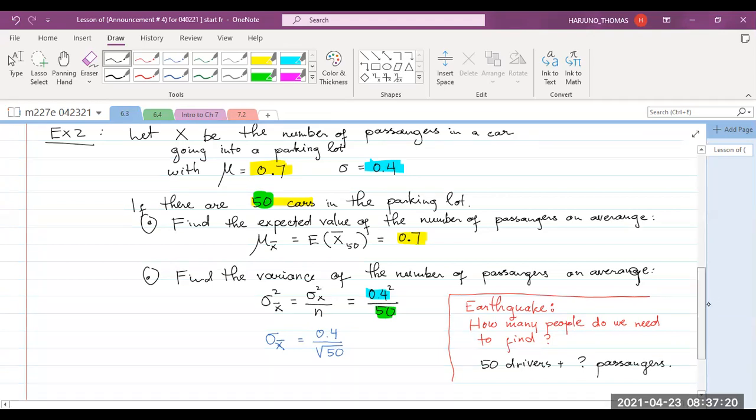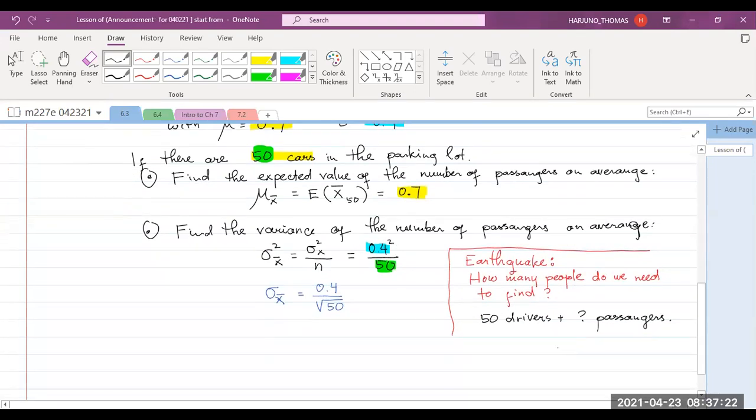Now from this data, we see that the expected number of passengers on average is 0.7. So the expected number of passengers in total should be 0.7 times 50 cars.